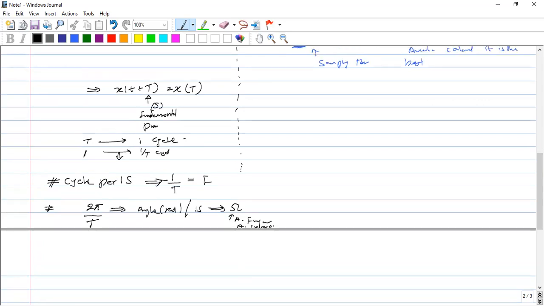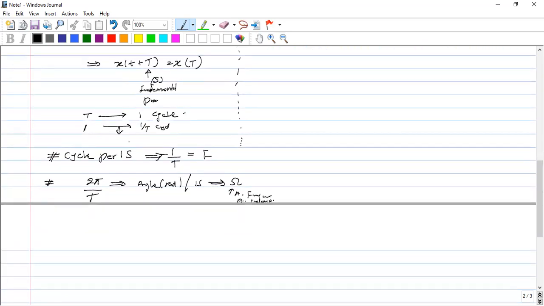I think you already know the units of these. T is normally measured in seconds. F is 1 by T, that is per second, which means hertz.